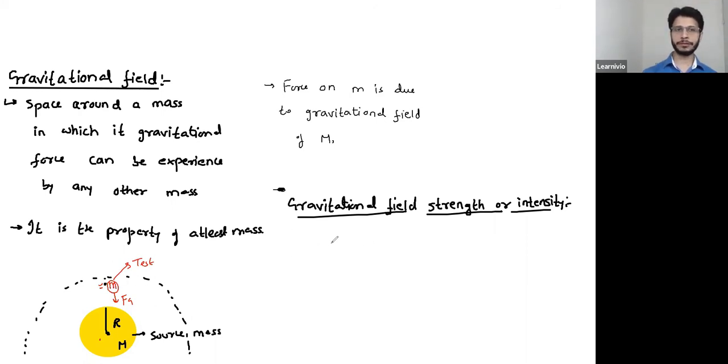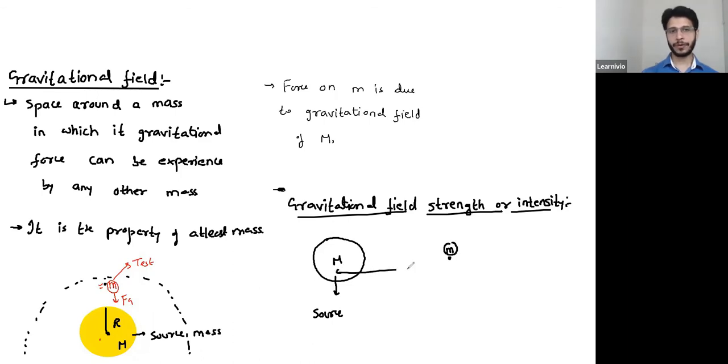Over this point, we represent gravitational field intensity by I. Let's say you have a mass capital M. This is a source mass. Over this point, there is one mass small m.